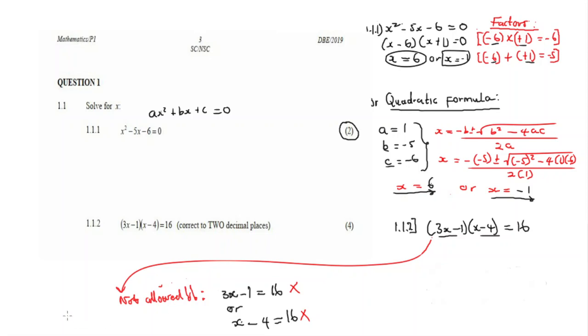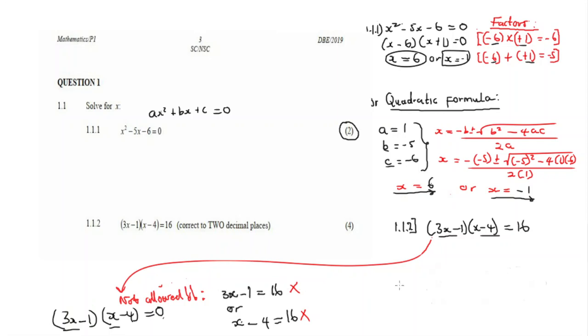This would be allowed if it was (3x minus 1)(x minus 4) equal to 0. Then you would take this bracket to equate to 0, or this bracket to equate to 0. But if it's a number that's greater than 0 or less than 0, this cannot be allowed.